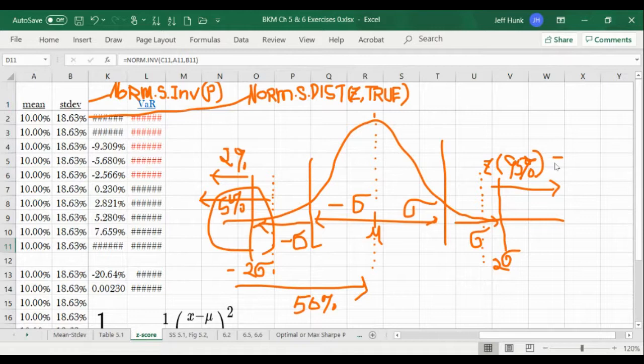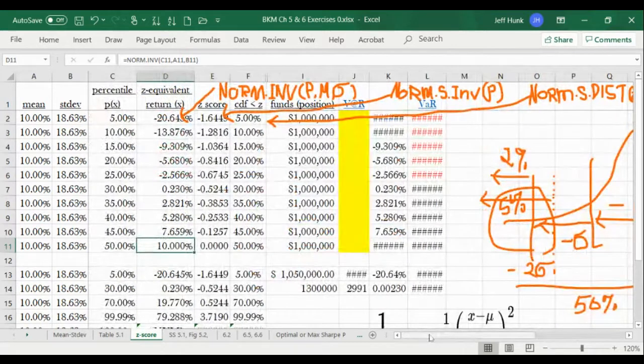If you want to find the z-score of the 95th percentile or top 5%, we already know the answer. It will be exactly 1.6449, positive, right? Because it's the mirror image of the left tail, the left-hand side.